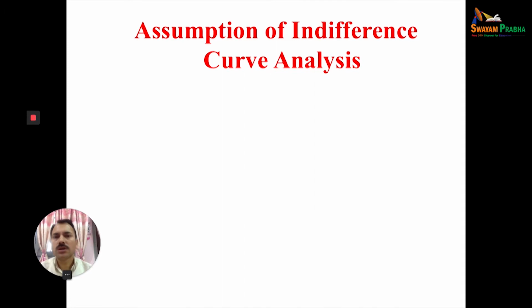Now, I have earlier discussed with you that assumptions are very, very important in any concept of economics. So here again we have to assume something before discussing the indifference curve. The first assumption of the indifference curve is a rational consumer.